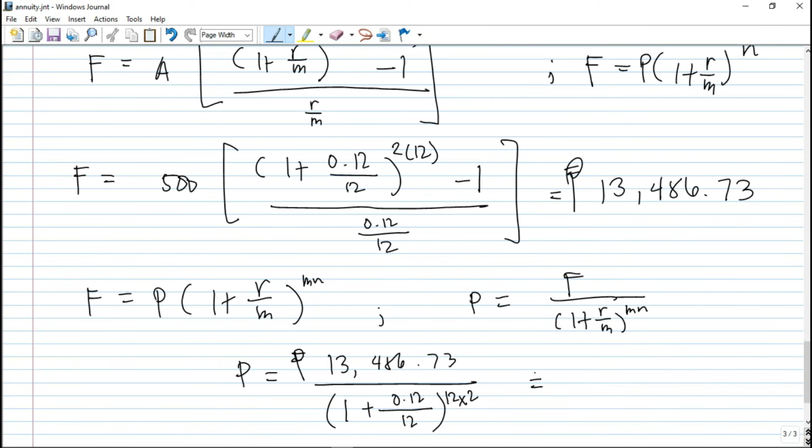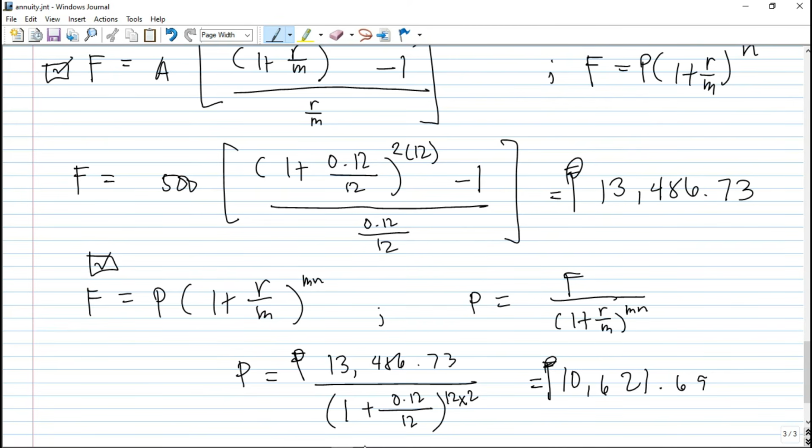So present cost niya is 10,621.69 pesos. Okay? Sa mga libro, meron tayong formula for P in terms of A. But, just memorize the F. Then, you just go to your compound interest. Para konti lang i-memorize natin.